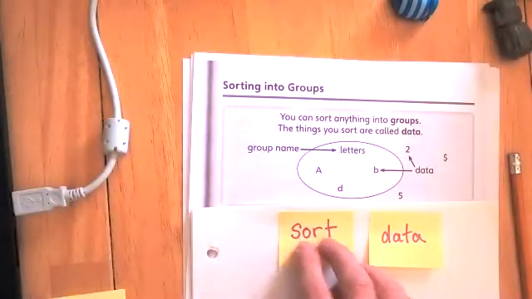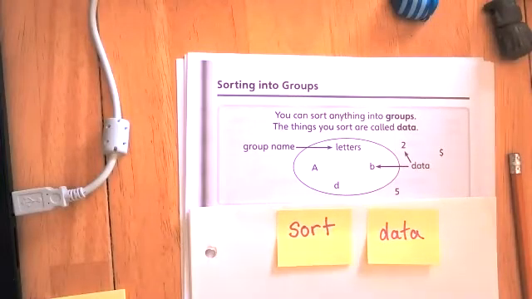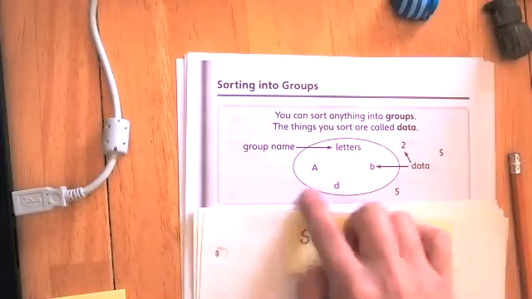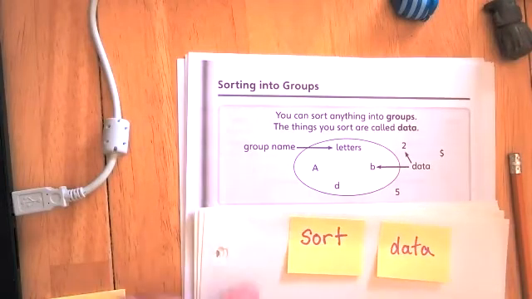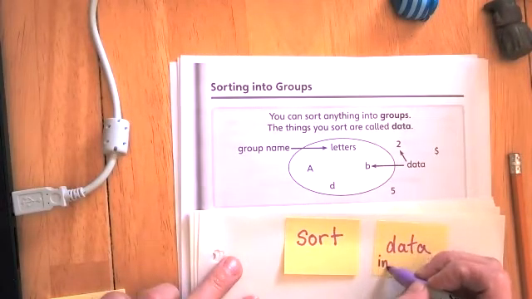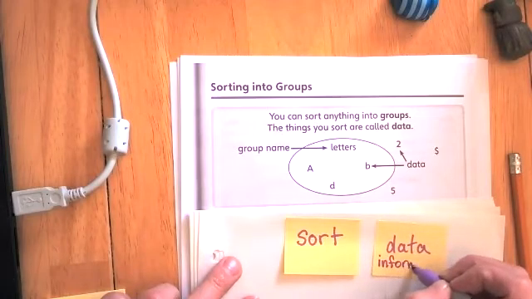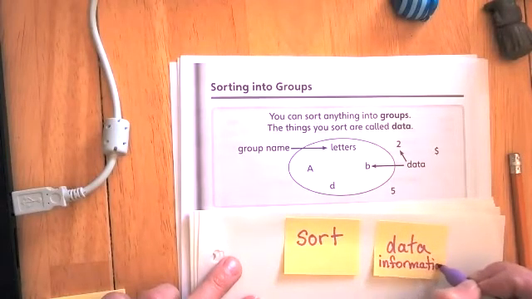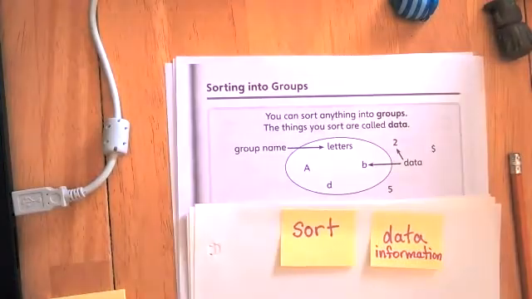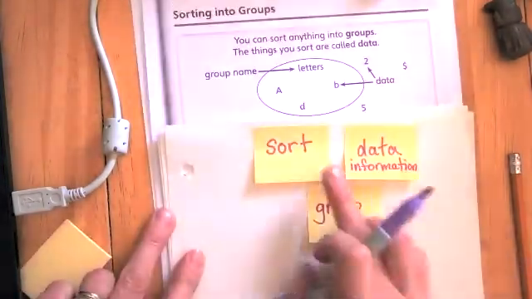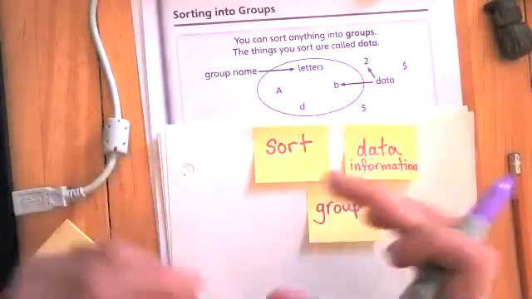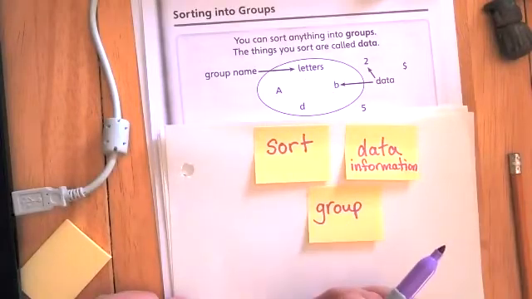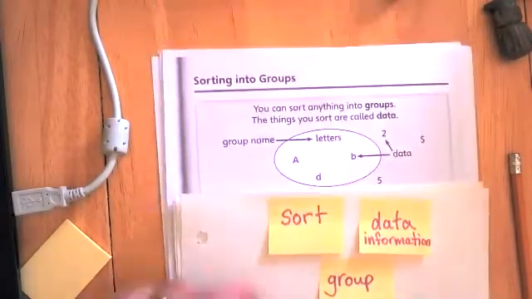And data is the information. All of these numbers and letters that you're sorting and moving around are data. Another word for data is information. And sorting is the moving around, and then putting them into different groups is grouping. I think that this is pretty self-explanatory.